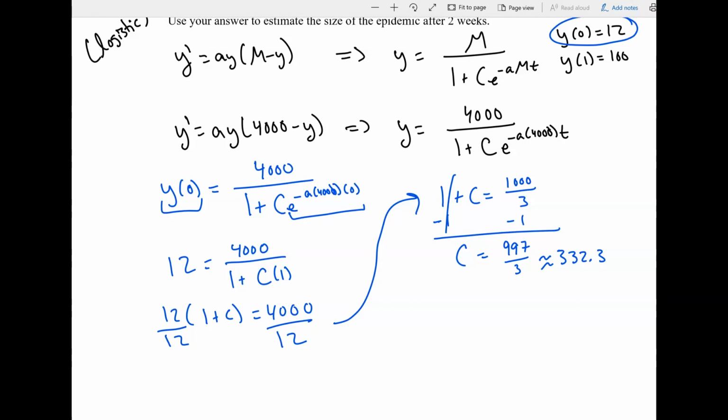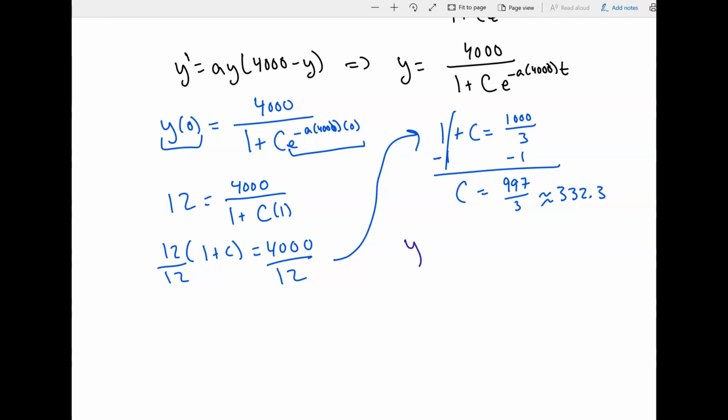Let me plug this into my solution. So y is equal to 4,000 over 1 plus 332.3 e to the negative a 4,000 times t. We're still not done because we still need to figure out what a is.